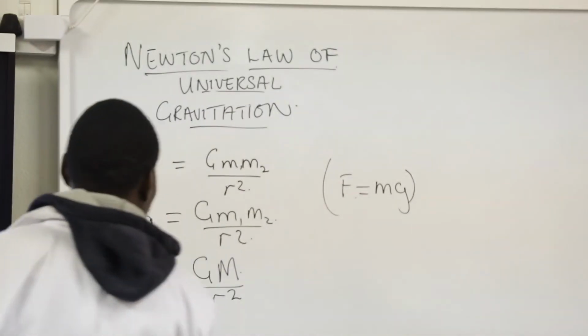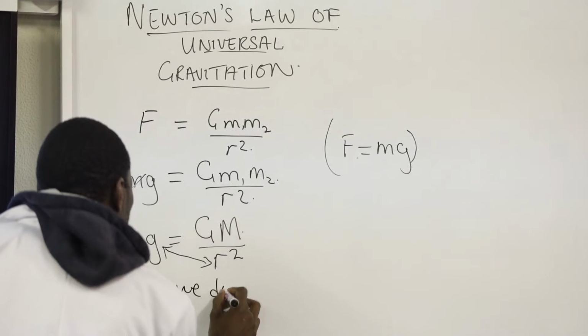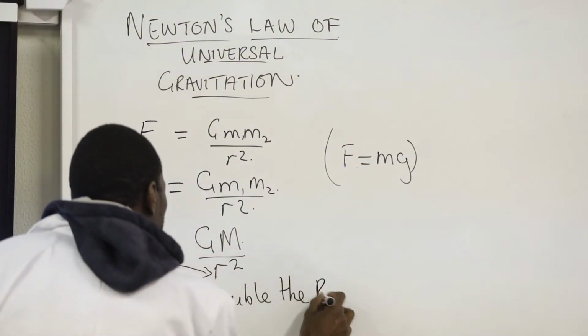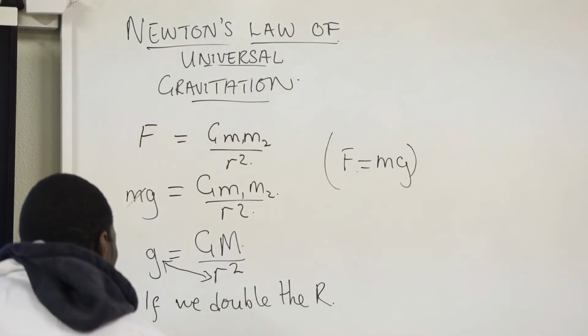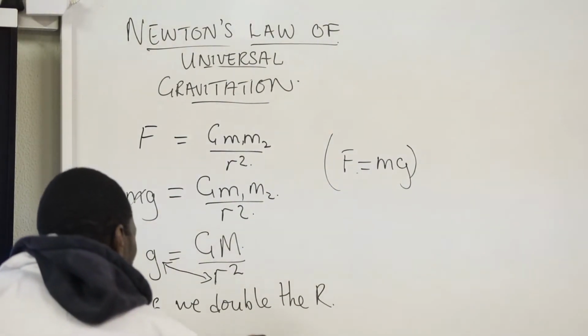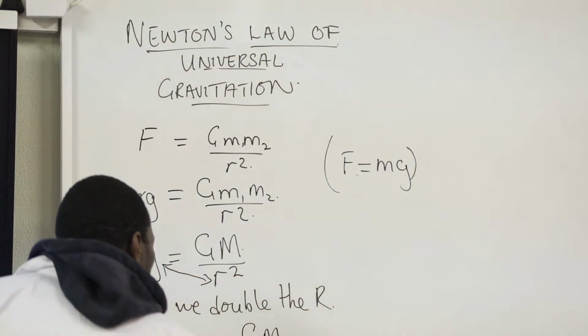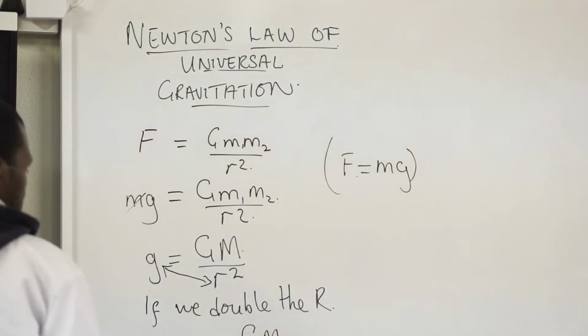So let's try it. If we double the R, right? It means that g will be equal to Gm over 2R, and this is squared.